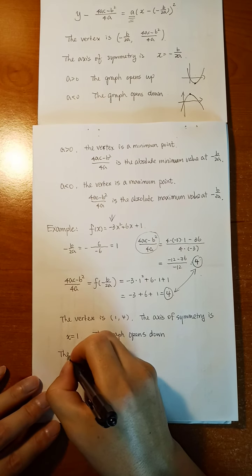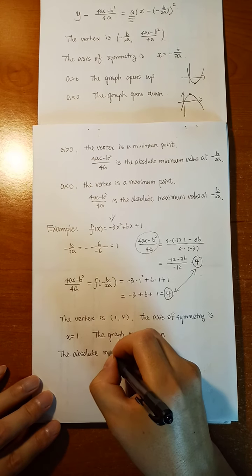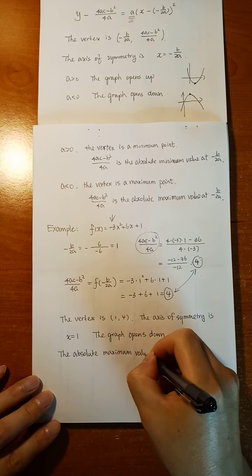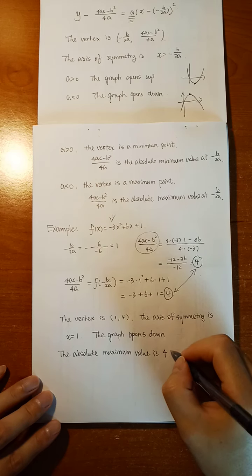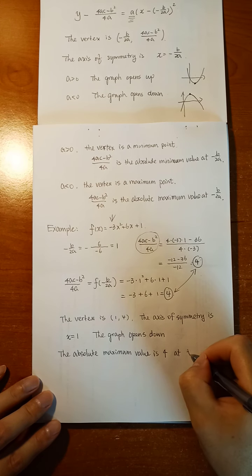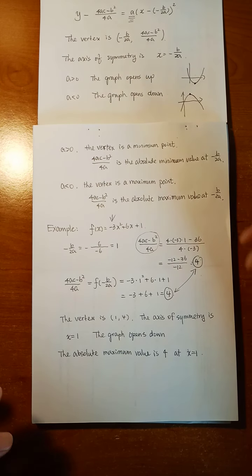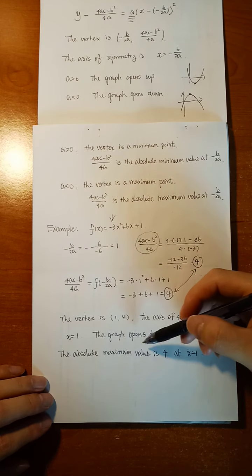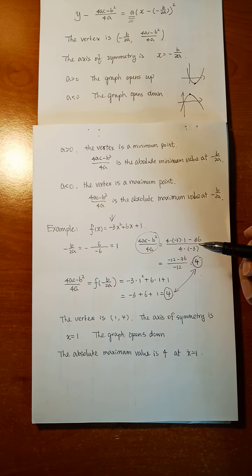The absolute maximum value is 4. This is the absolute maximum value, 4 at x equal to 1. At x equal to 1, you get the absolute maximum value. See, you get (1, 4), then you can read all these problems. And the graph opens down because a is equal to negative 3.